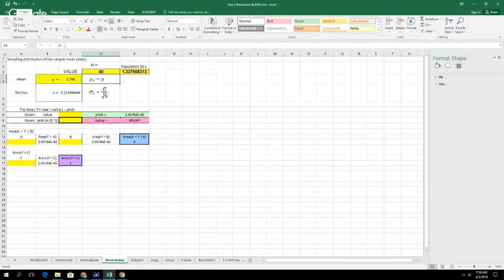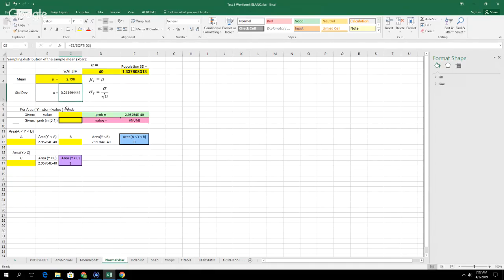So I would expect my normal model for the means of a sample size of 40. So the mean of 40 students repeatedly sampled, I would expect that to have a standard deviation of 0.211. A mean of the population mean, just like always. That's the size and shape of it.